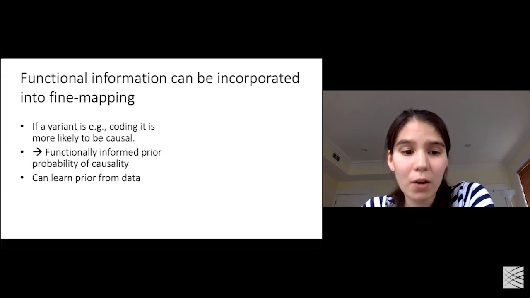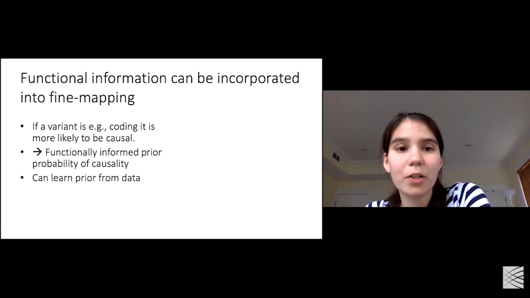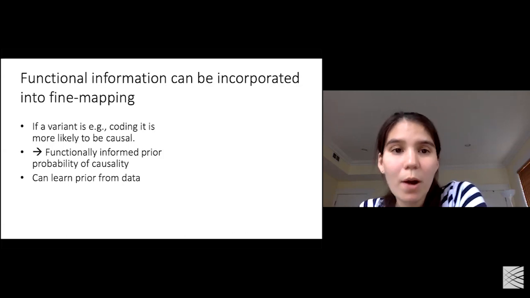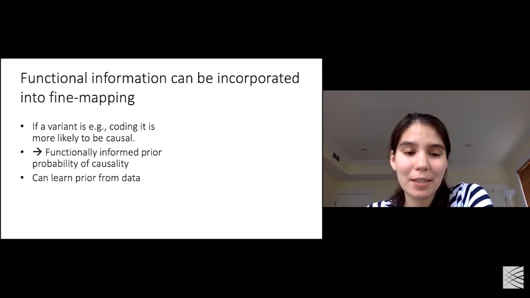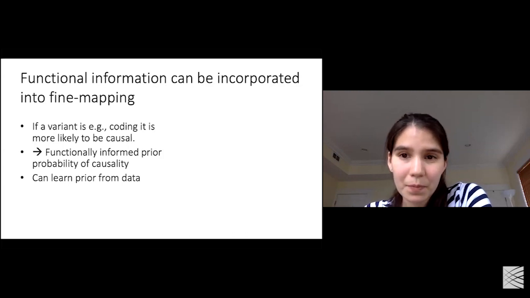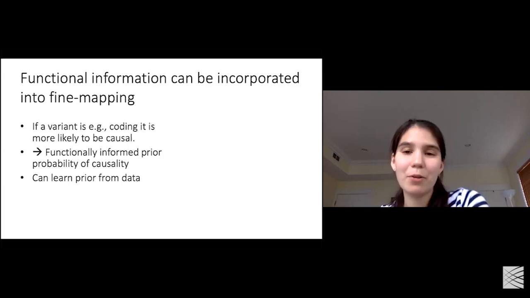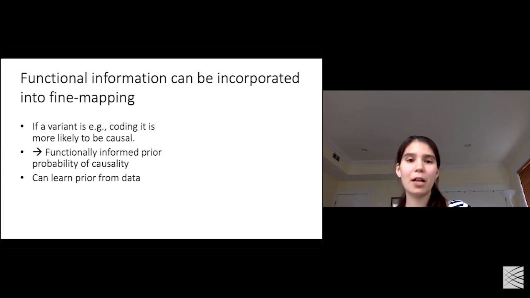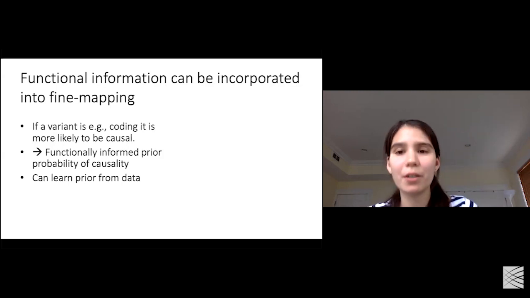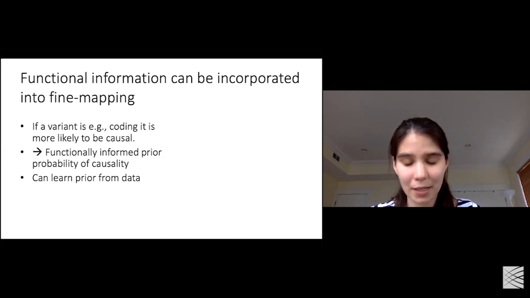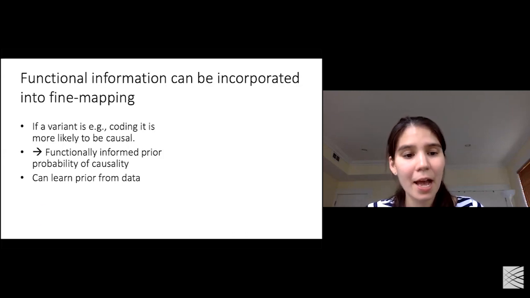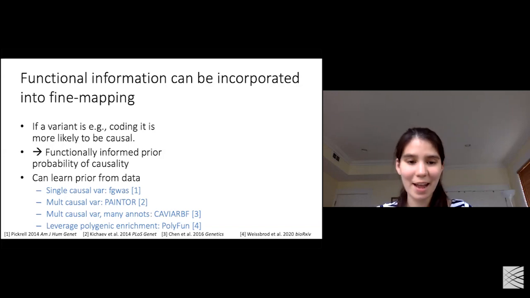What makes this difficult is learning from the data, by looking across many loci, what prior it would make sense to set. So you'd like to fine map several loci simultaneously and learn from them how much enrichment they are consistent with. Different methods have done this in different ways.